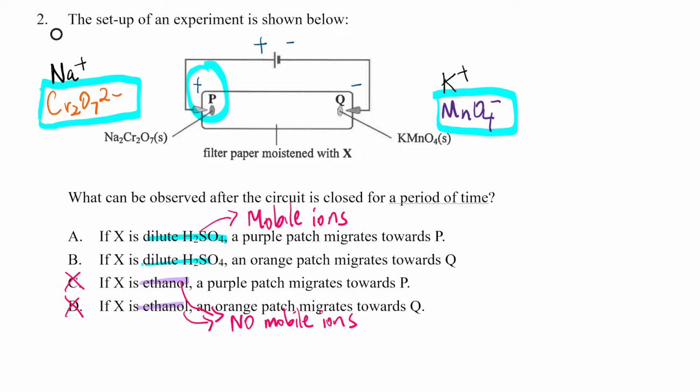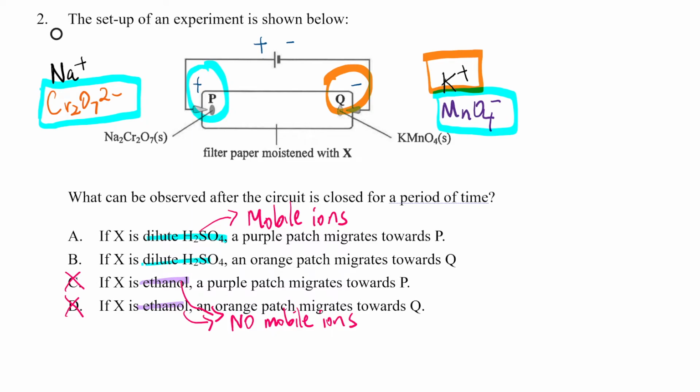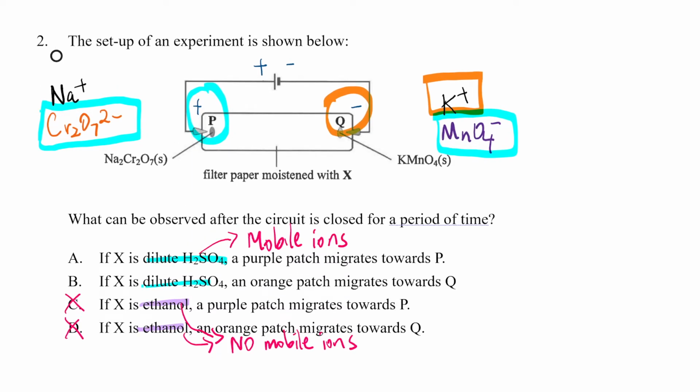Obviously, permanganate ion would have to come from Q and go all the way to P, and dichromate ions will just remain there. That's the logic. It's just that simple. And on the other hand, the ions attracted towards Q, which is the negative end, will obviously be the positive ions, which are the potassium ion here and the sodium ion here.